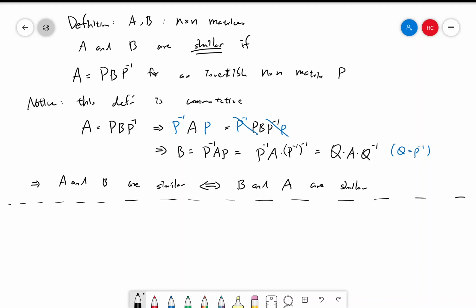Okay, so remember before we had A equals P times D times P inverse, the diagonalization. Then the diagonalization of A means that A and a diagonal matrix are similar.